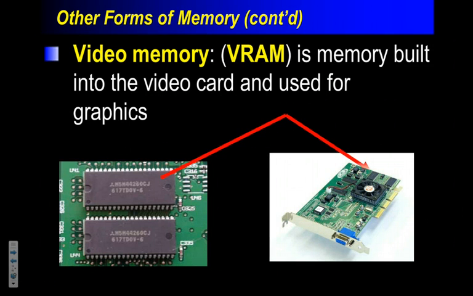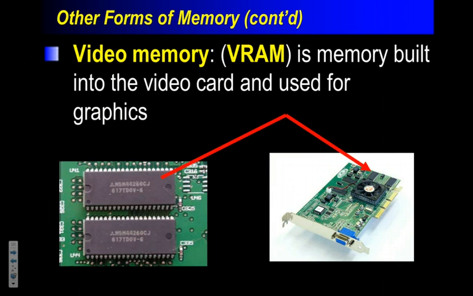Okay, and then the video RAM, as I said. The video RAM is a piece of RAM built into the video card specifically for video production. And so, for example, a gaming PC would want to have a high VRAM on the video card. And by the way, when I say the word card, because it's so common, a card is just a circuit board, okay?